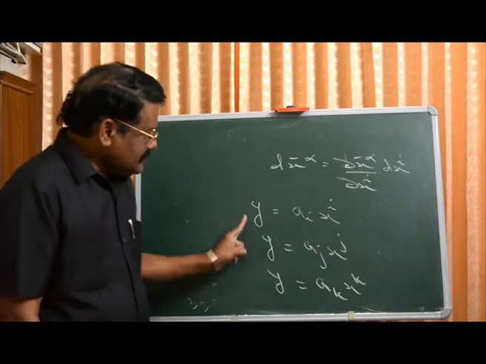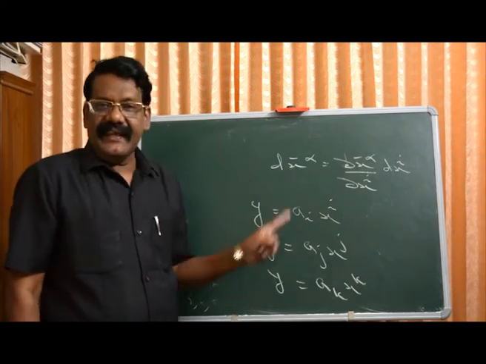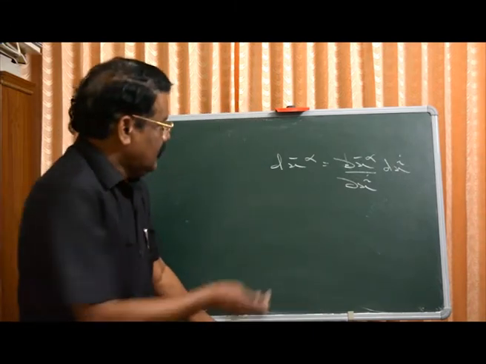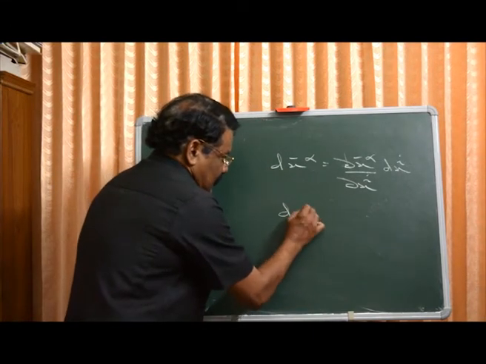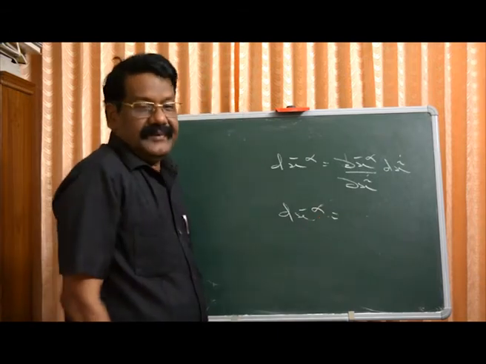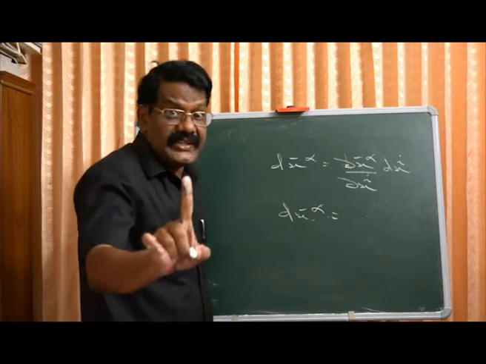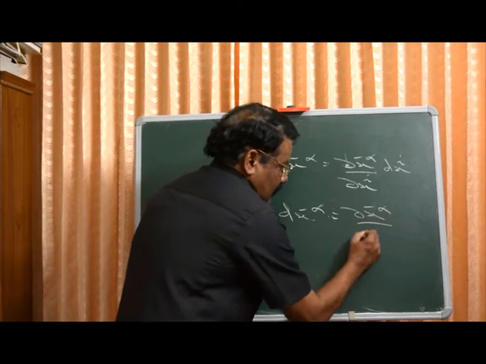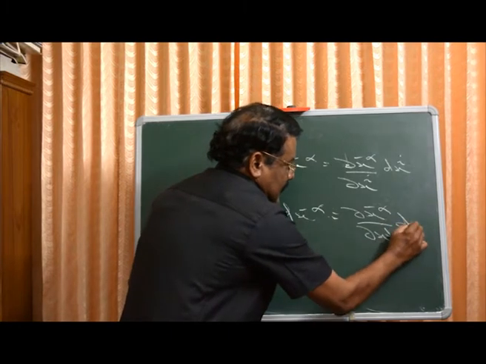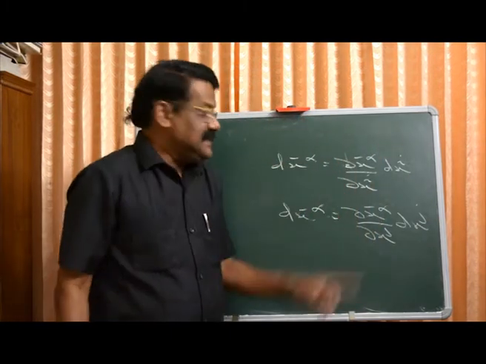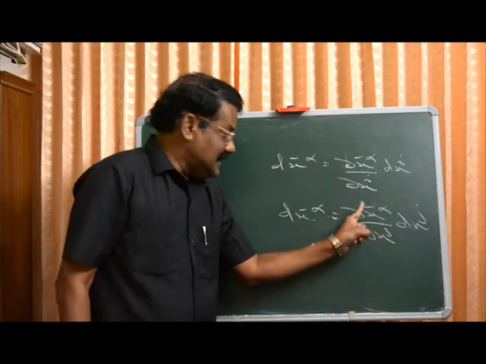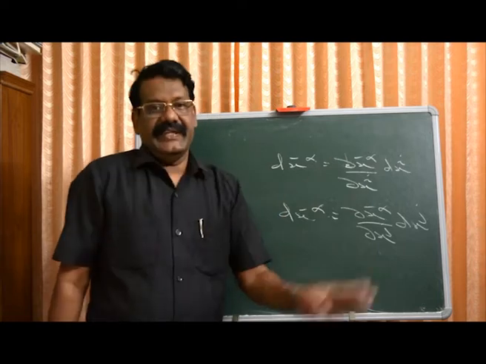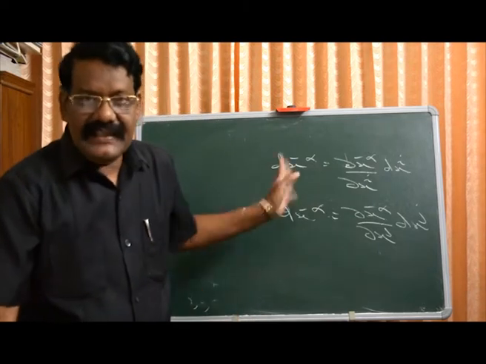But if it is a free index, that cannot be changed. This is a free index, so that index should not be changed. dx-bar alpha is equal to dou x-bar alpha by dou x_j into dx_j. Since j is dummy, I can change it. Since alpha is free on both sides, it should not be changed. Actually, this is the meaning.